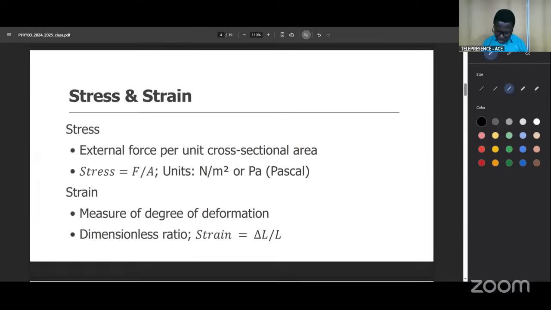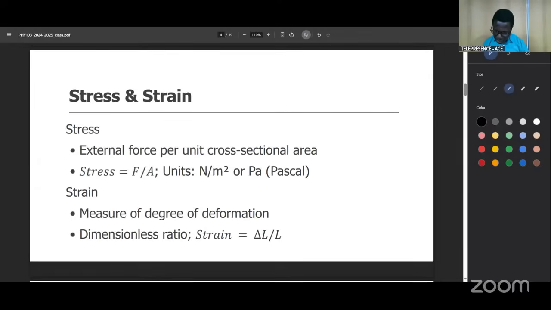If the object extends by 0.2 centimeter, one, calculate the stress.